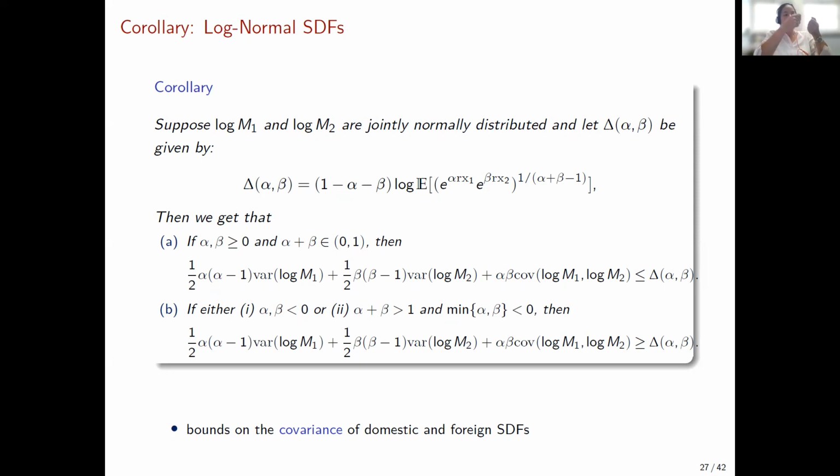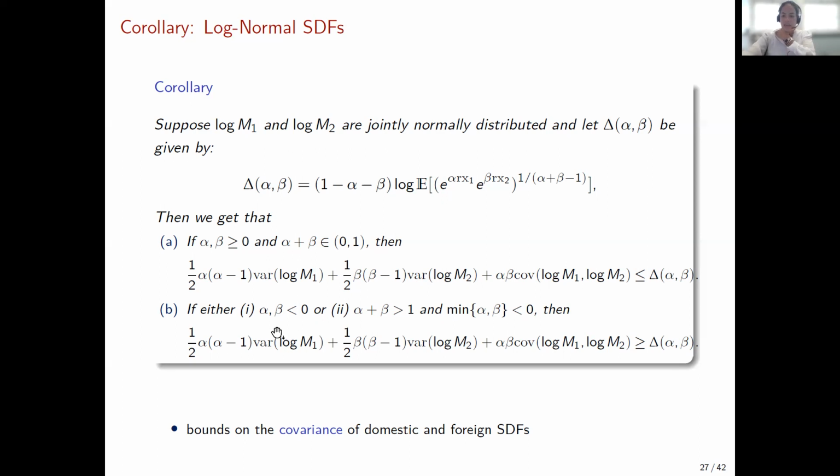Now, the problem in the international finance literature is that we need to assume a very high correlation of these 2 stochastic discount factors in order to match the puzzles that we have in international finance. But what people argue is that this correlation is not very high in the data. So it's very hard to find 2 macroeconomic variables which are very highly correlated. Now, our application allows us to give us bounds on what these correlations or covariances are supposed to be.